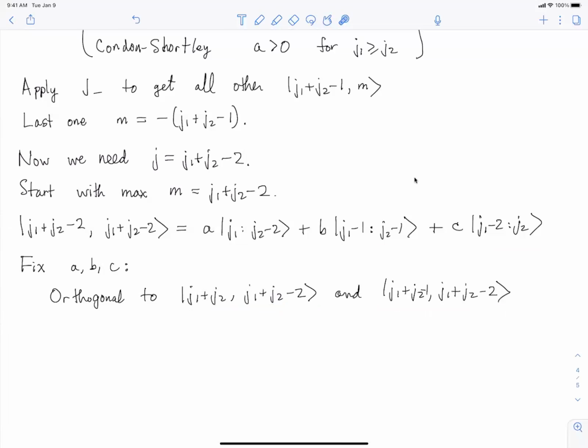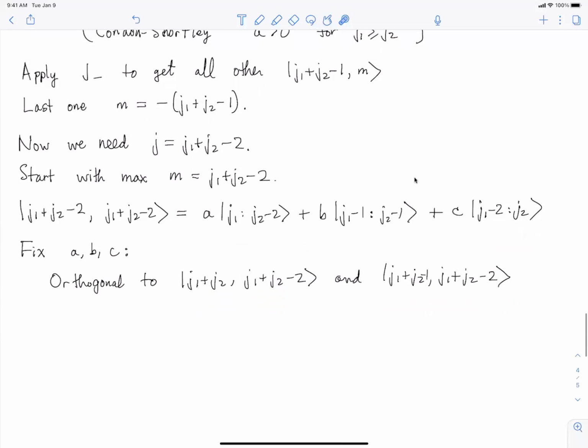Then there's the equation from the norm. If we want this to have norm 1, then A squared plus B squared plus C squared has to equal 1. That's 3 equations in 3 unknowns, but they're complex, so we have to worry about the phase.